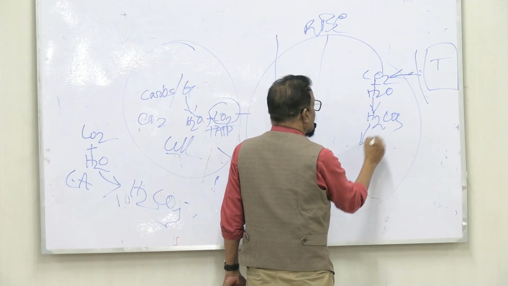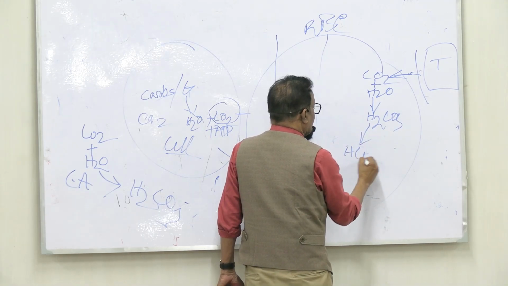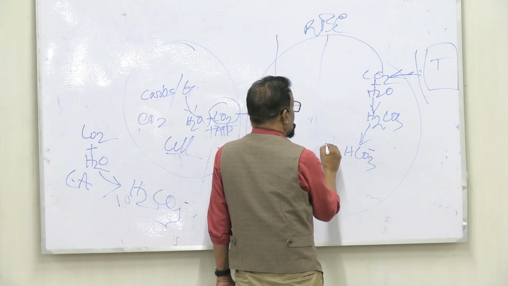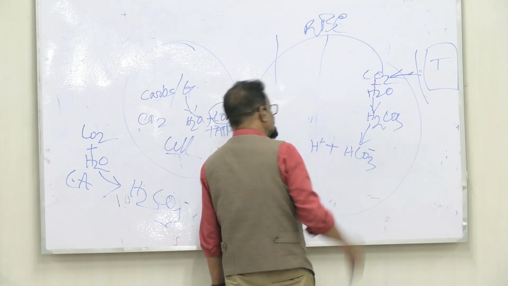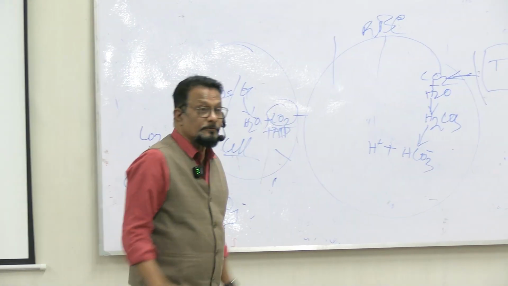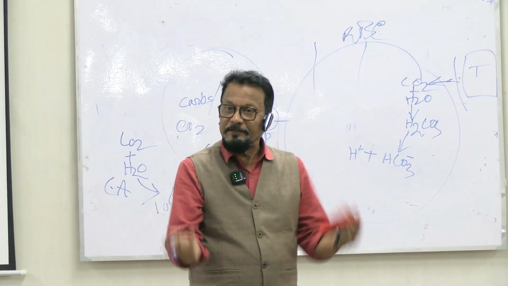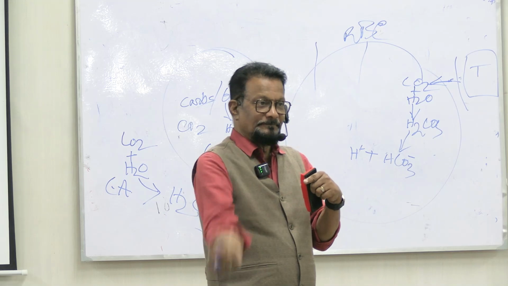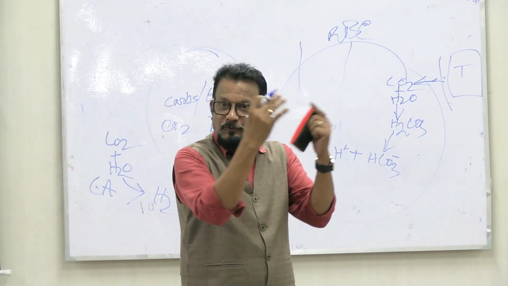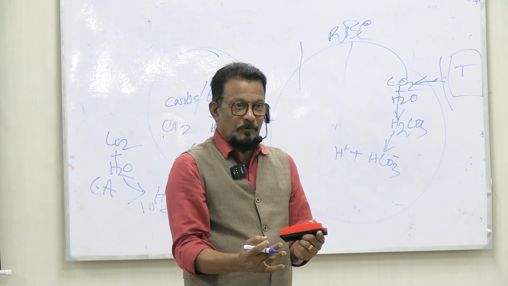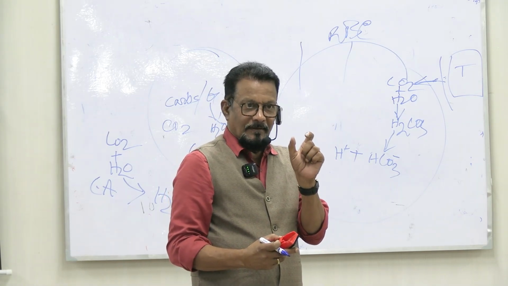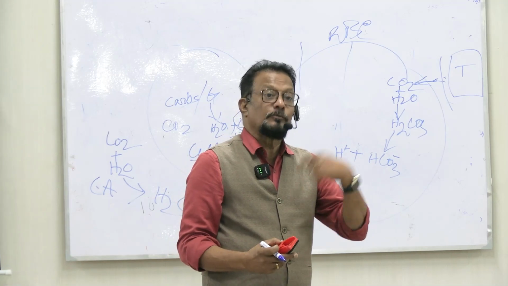This will be dissociated as HCO3 plus hydrogen ion. Now what will happen to this hydrogen ion? The pH will be decreased. Lot of carbon dioxide will be adding, so lot of hydrogen ion will be produced. So there it should be neutralized, this hydrogen ion, or it should be converted into.